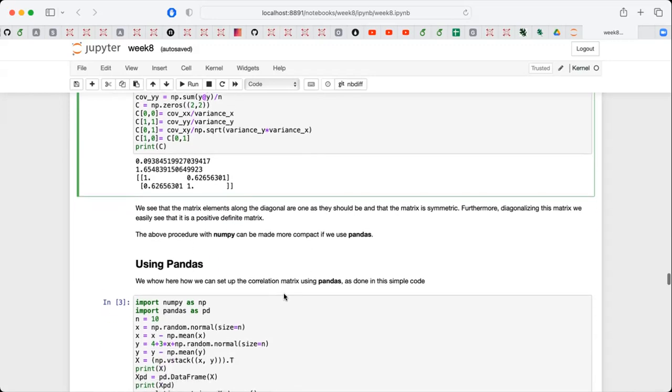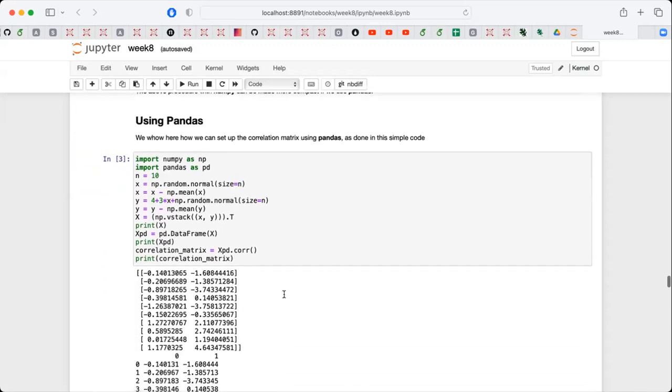So you can make it more compact if you use pandas, if you prefer that. In this specific case, what I'm doing is to set up 10 samples. I produce my x value. I normalize it by taking away the mean or just scaling it. I do the same here. I use the stacking function.